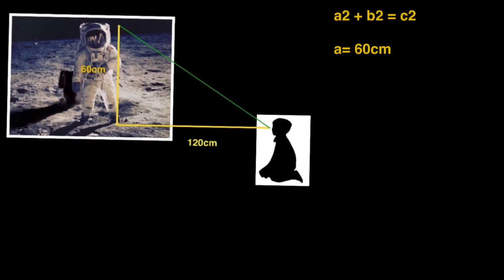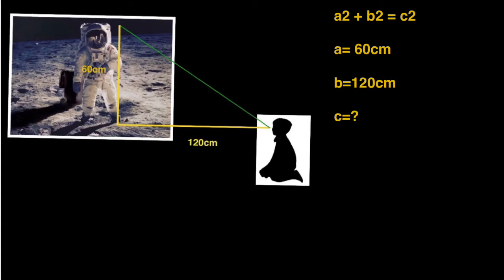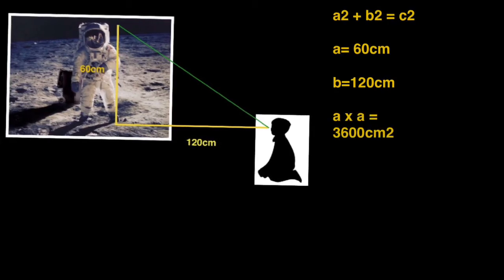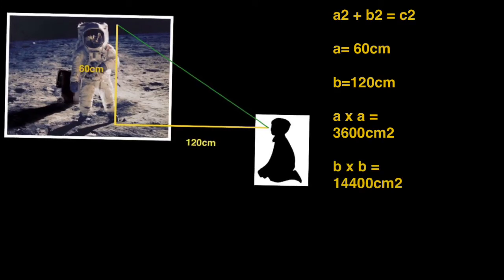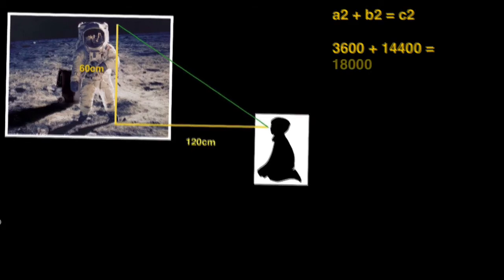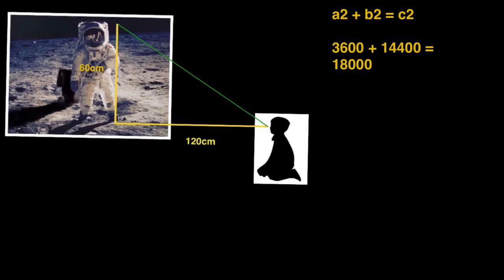We know that A is 60 centimeters long, B is 120, and we're trying to find C. Our first step will be to get the squares of A and B. So A times A equals 3,600 square centimeters, and B times B equals 14,400 square centimeters. What we're going to do is add 3,600 square centimeters plus 14,400 square centimeters, which gives us 18,000 square centimeters.